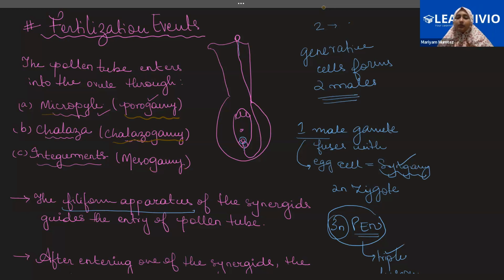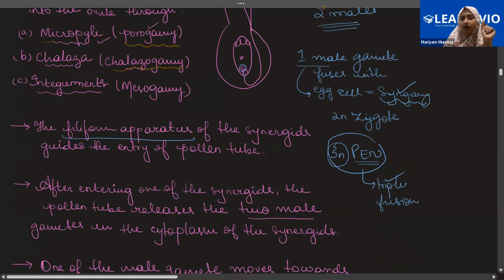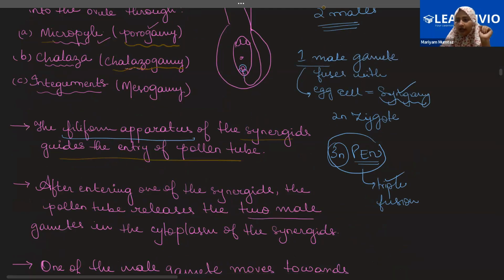Clear? But remember one thing: even if it enters through the micropyle, chalaza or integument, it has to come to the synergids only, no matter where it is coming from, because the egg is there. Now, the filiform apparatus of the synergids guides the entry of the pollen tube, because that is their function.